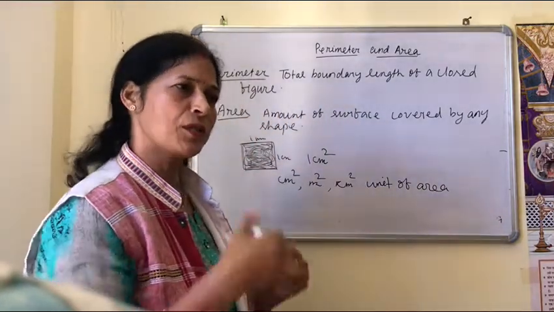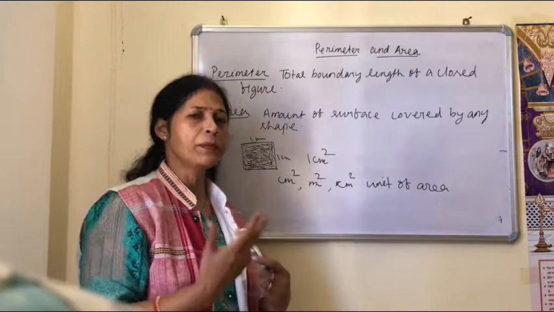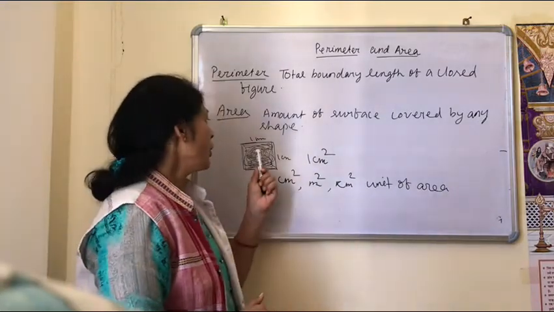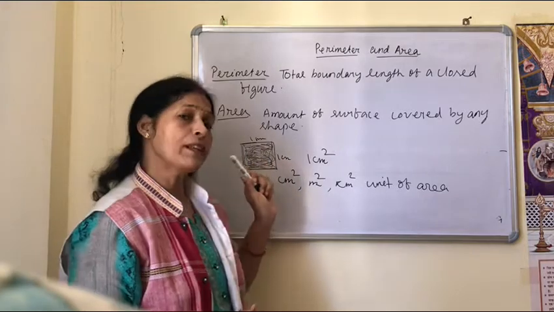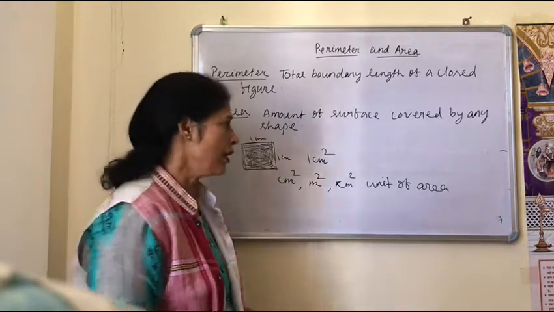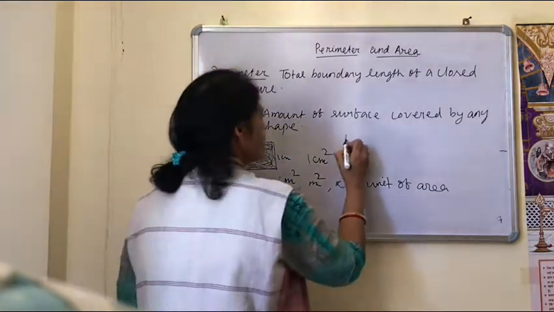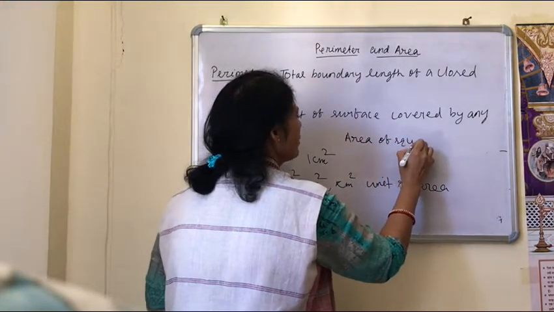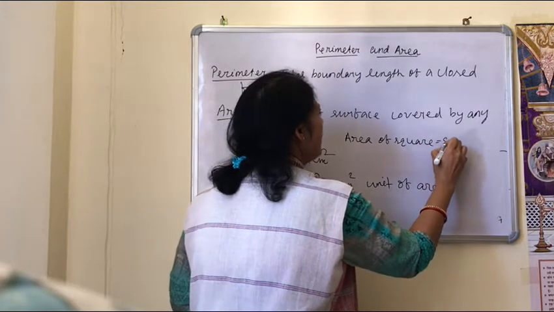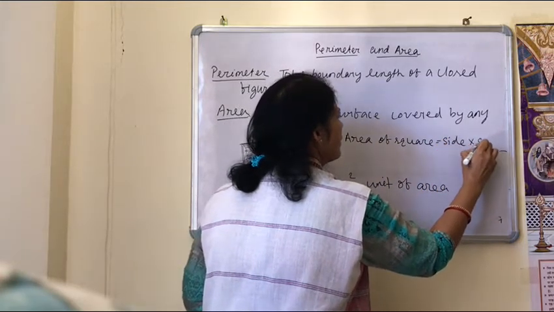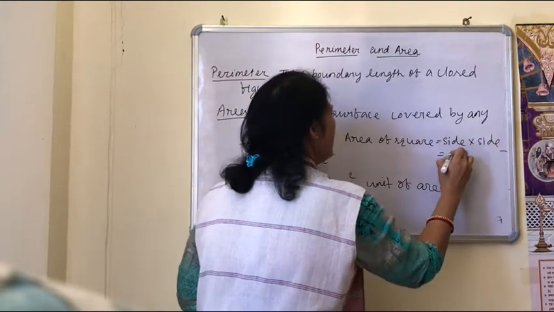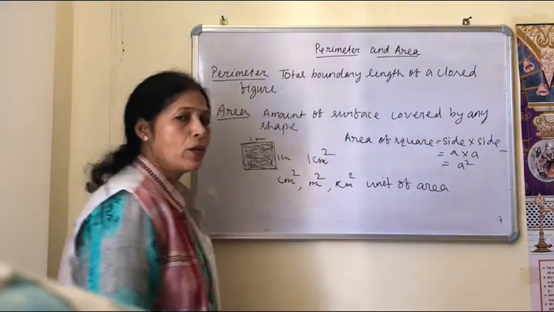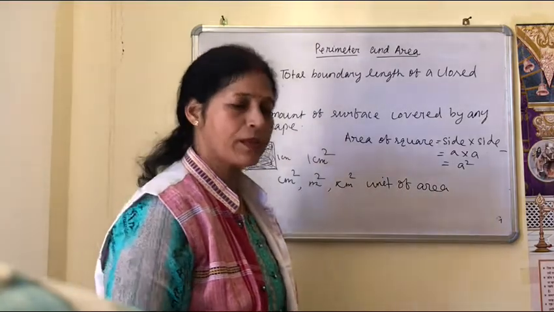It is centimeter square, it may be meter square, it may be kilometer square. So what is the formula of area of square? Area of square is side into side, A into A, A square, where A is the side of the square.